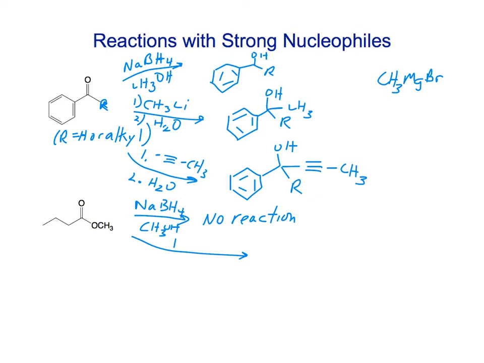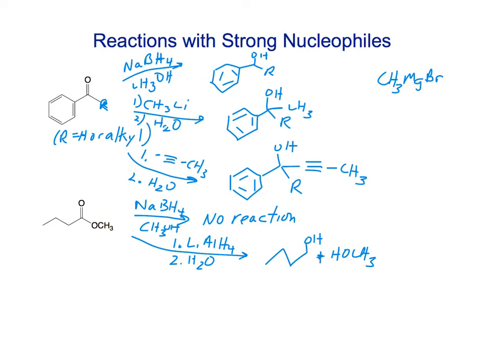Lithium aluminum hydride. In that case, we get an alcohol from this side, and usually we don't really care about this other one, but we do get the other alcohol as well.